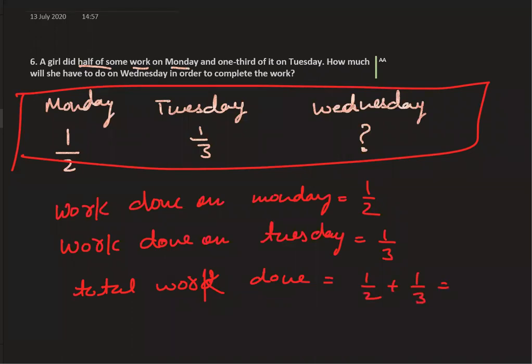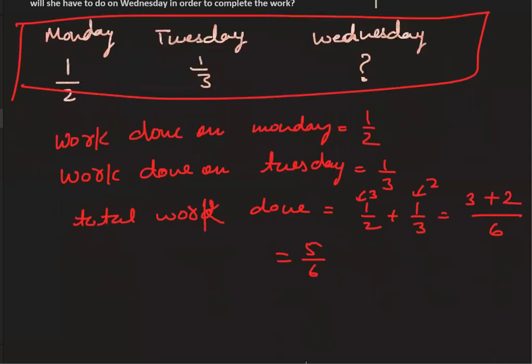What is the LCM of 2 and 3? 6. Okay, so 2 3s are 6. Multiply 3 to 1, you will get 3, plus 3 2s are 6. Multiply 2 to 1, 2. So 5/6. This is the total work done on Monday and Tuesday.